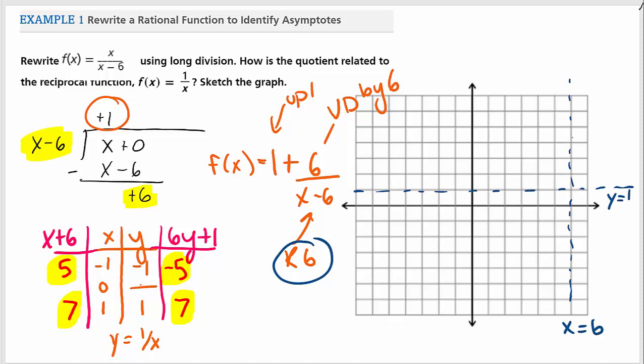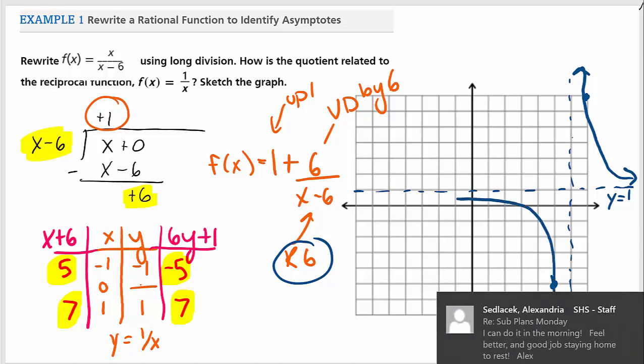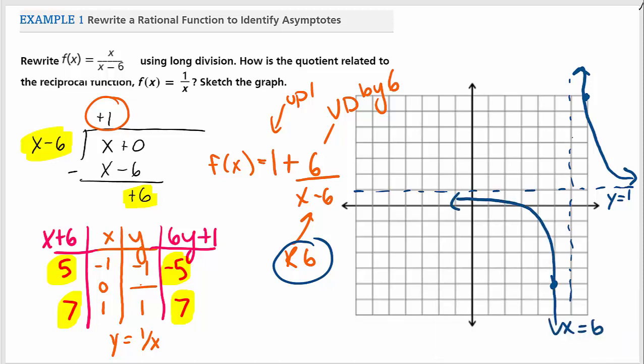And then I'm going to plot my points of 5, negative 5, 2, 3, 4, and 7, 7. Then I'm just going to make my curve.